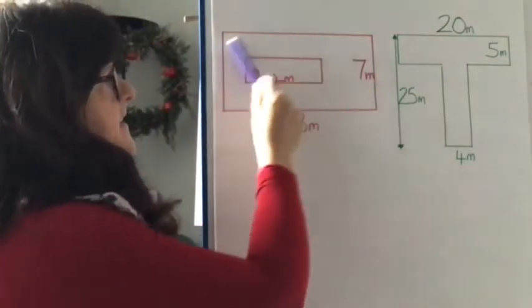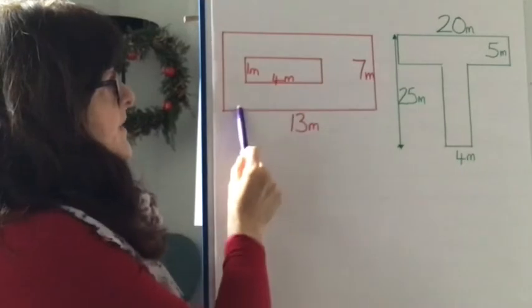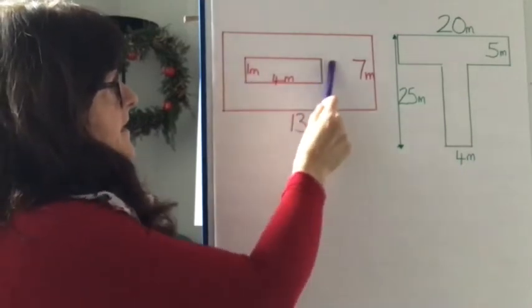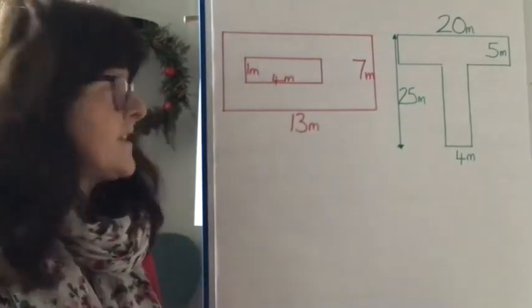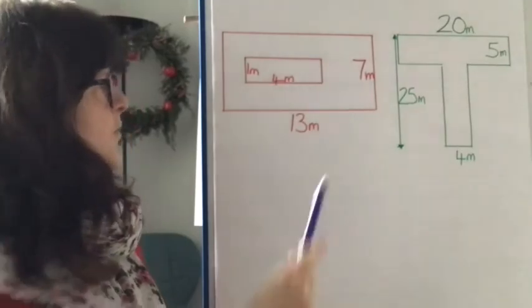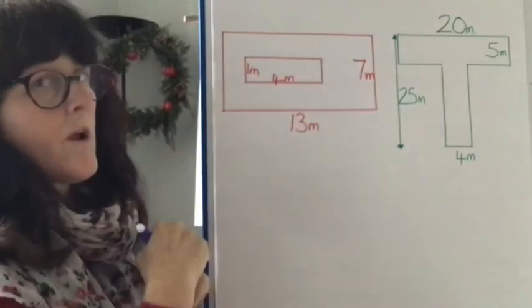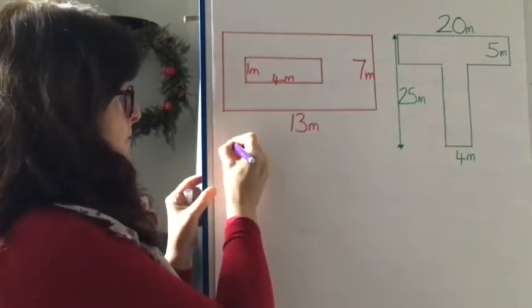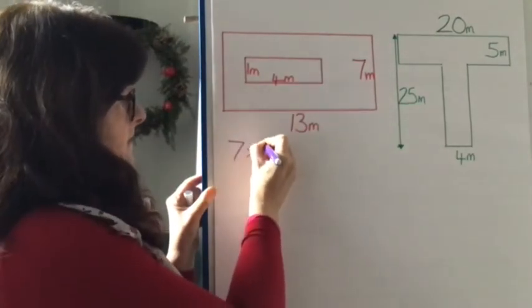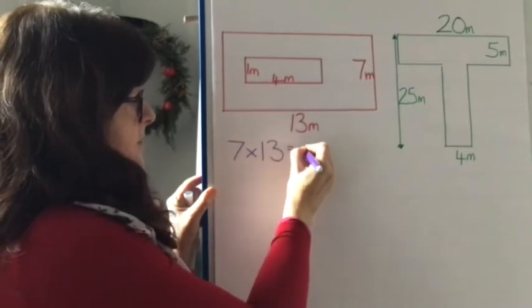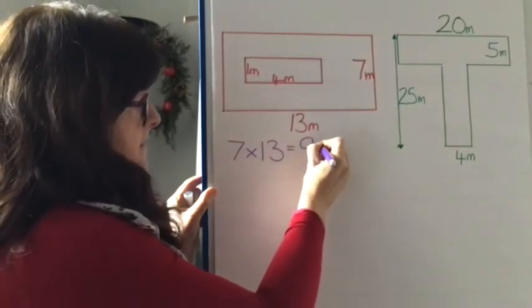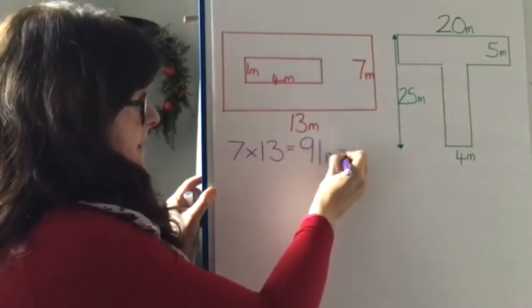This is slightly different because we've got a rectangle with another rectangle removed from it. So first of all, I would suggest you find the area of the whole rectangle. So that would be 7 times 13, which equals 91 metres squared.